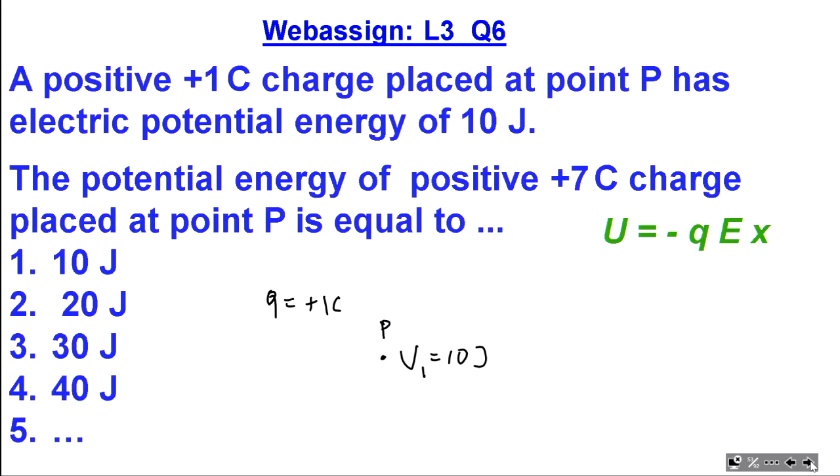And the question is, if we remove this charge, but instead we place a charge of 7 coulombs, what will be the potential energy of that charge? Well, of course, it's going to be 70. The answer is 70.